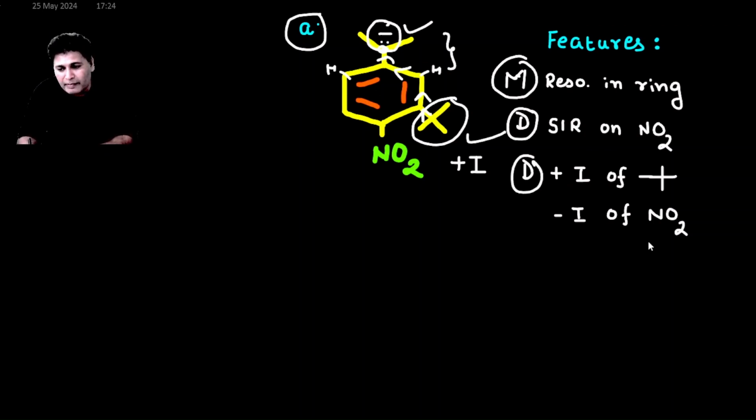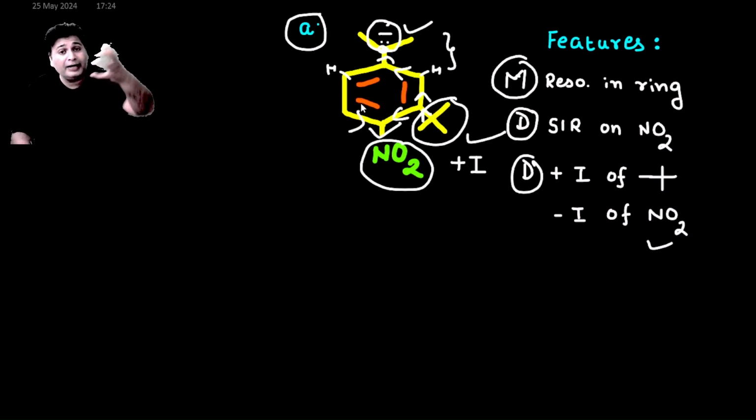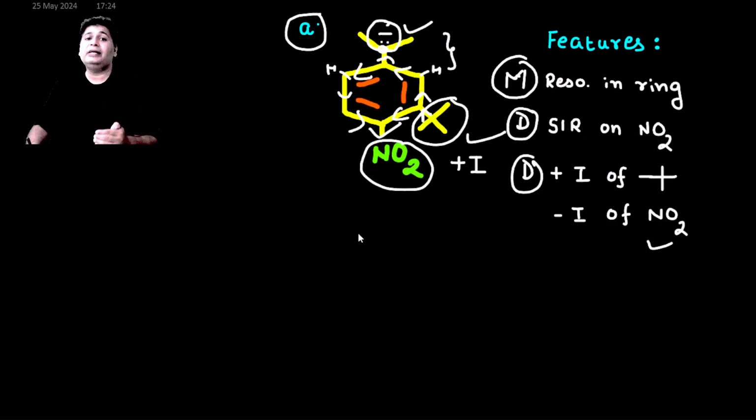Now again one merit is there, that NO2 is a minus I group. This NO2, on the other hand, is pulling the electrons through the sigma electron. As it is pulling the sigma electron, it's good for the health of the carbanion, because in the carbanion there is an excess of electrons, a flood of electrons.